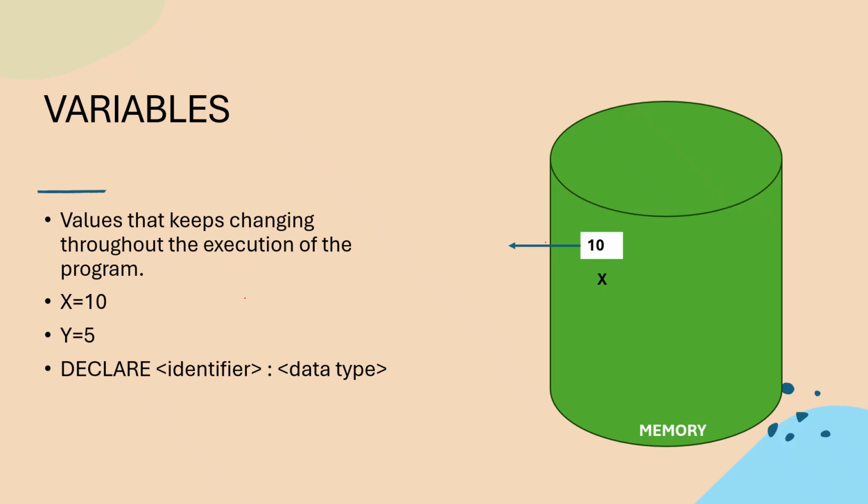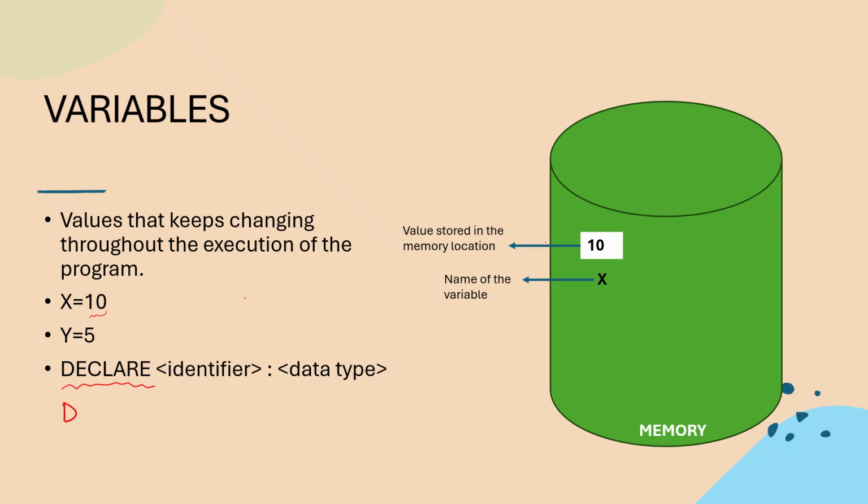How do you declare a variable? You use the keyword DECLARE in capital letters, followed by the identifier, then a colon, and then the data type of that identifier. For example, here x is given the value 10. You know that x is a variable whose value will change and whose value is given a certain integer as the value.